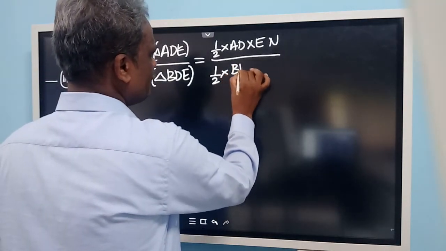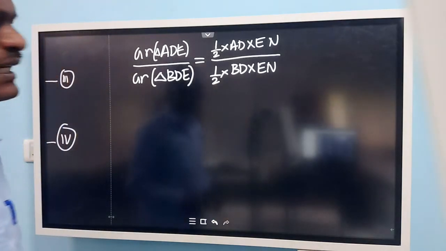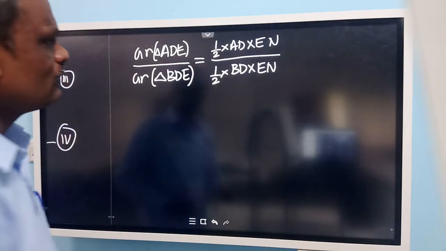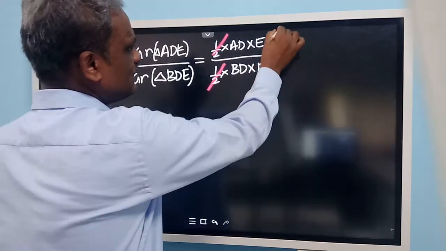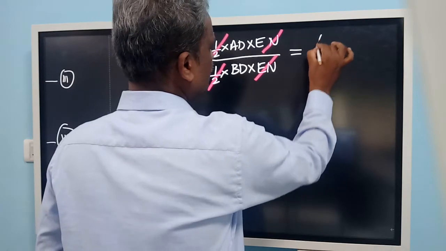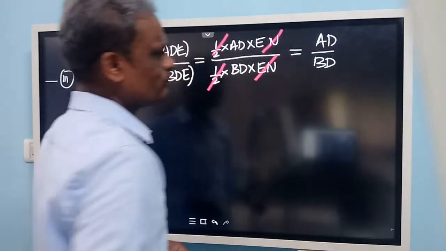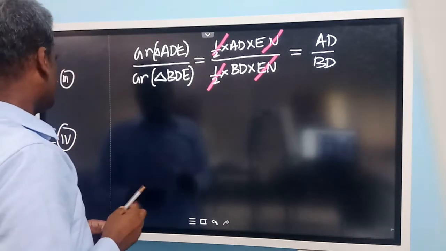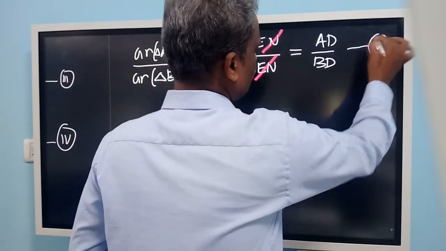Now what can we cancel in this ratio? Half and half cancel, and EN and EN cancel. We are left with only AD by BD. You can call this the fifth one.